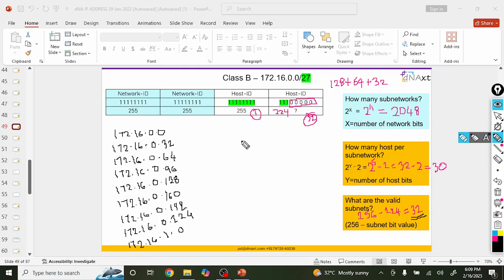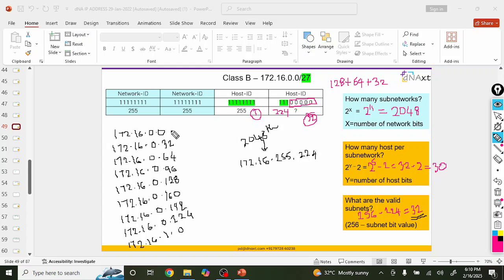Our last subnetwork will be 172.16.255.224, and the broadcast ID for this subnetwork will be 172.16.255.255. This is quite easy.